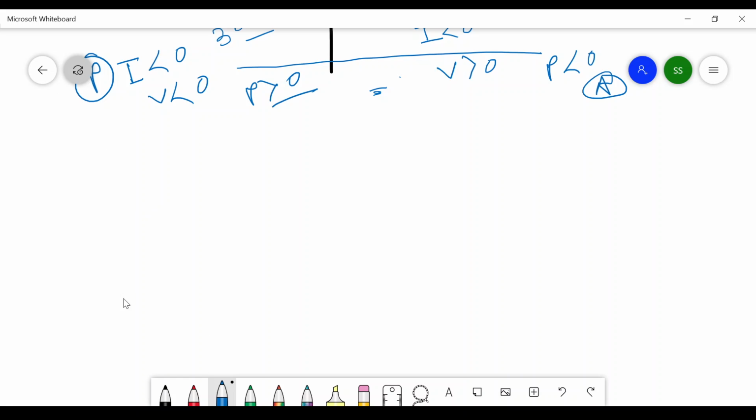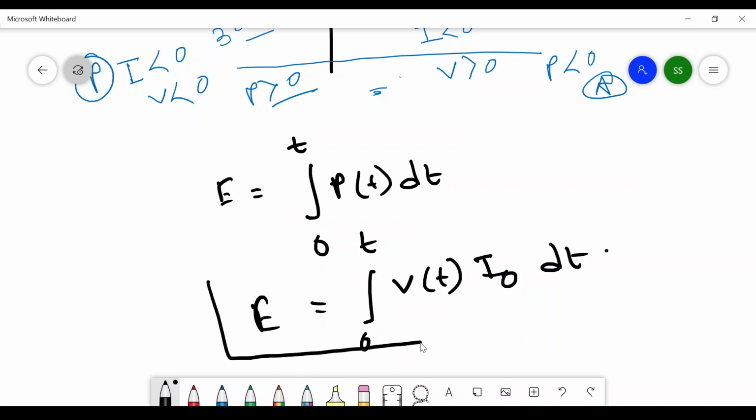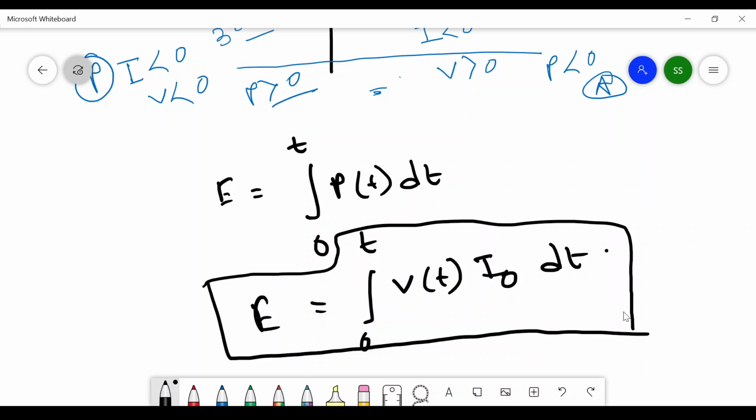The energy absorbed by the current source will be integral from 0 to T of p(t) dt. So from 0 to T, V is something, I is constant, dt, that will be the energy equation for the current source.